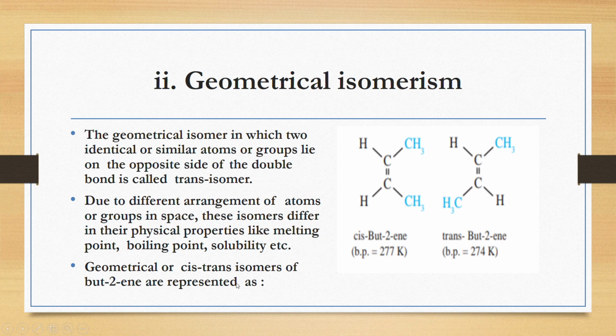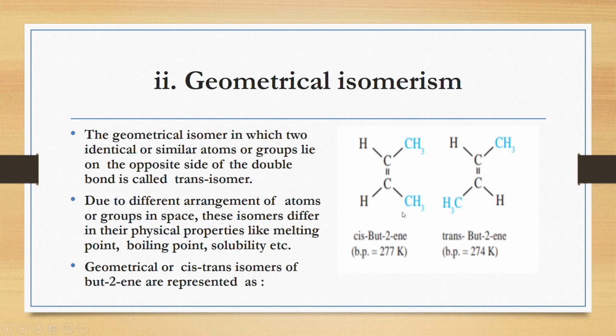Geometrical or cis-trans isomers of but-2-ene are represented in these structures. You can see a chain of 4 carbon atoms with the double bond at the second position in both of these structures. 1, 2, 3 and 4 carbon atoms are present, but same groups are lying on the same side of the double bond.